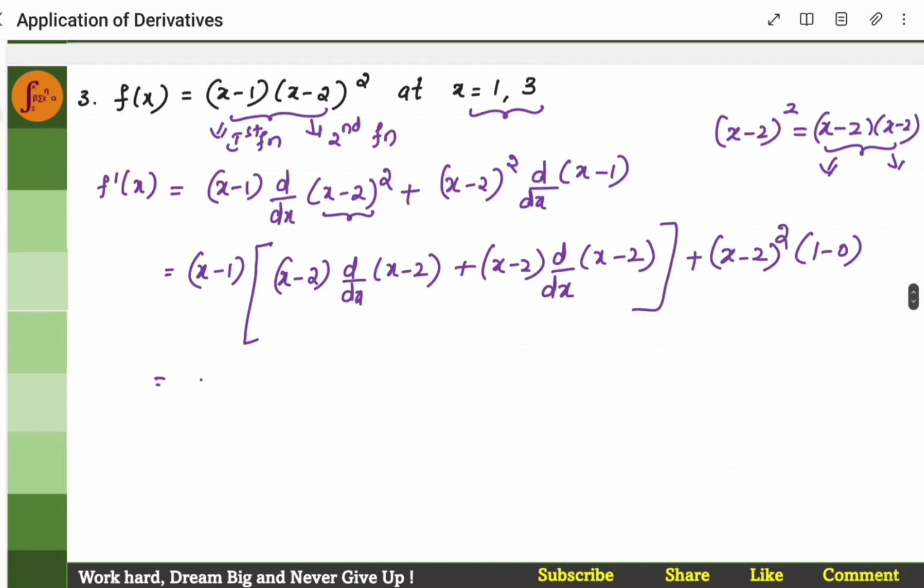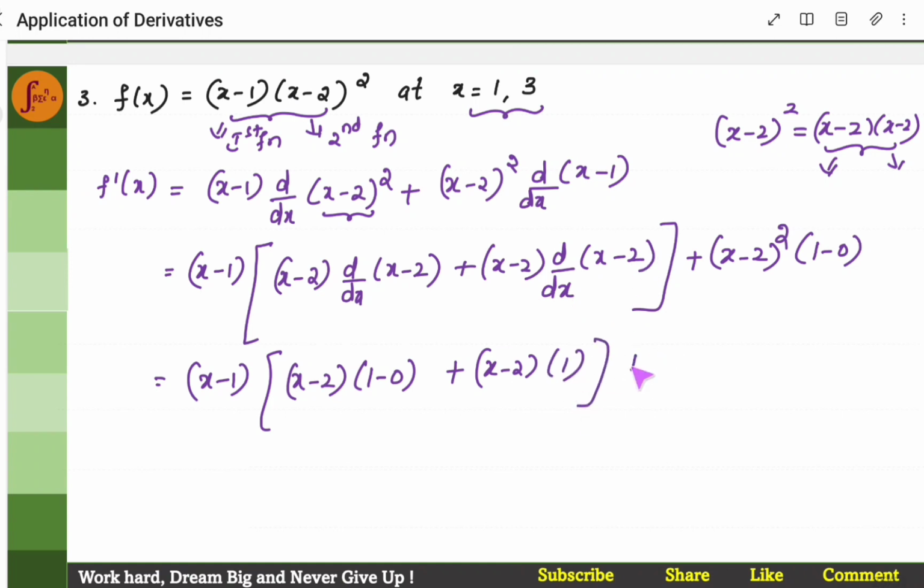Now let's solve this. We'll get x minus 1 into x minus 2. The derivative of x is 1, the derivative of 2 is 0. Similarly, you copy here x minus 2. The derivative of x is 1, of 2 is 0. Plus x minus 2 the whole square into 1.